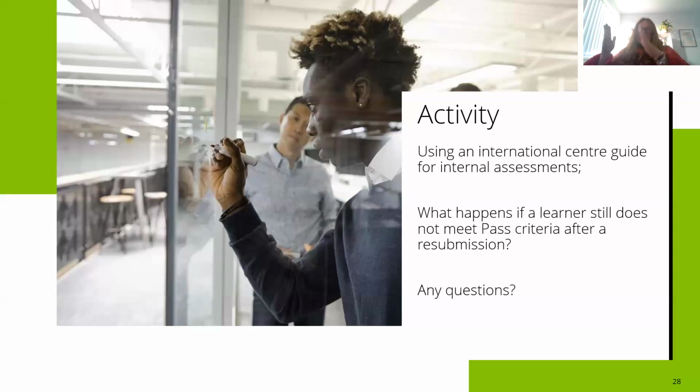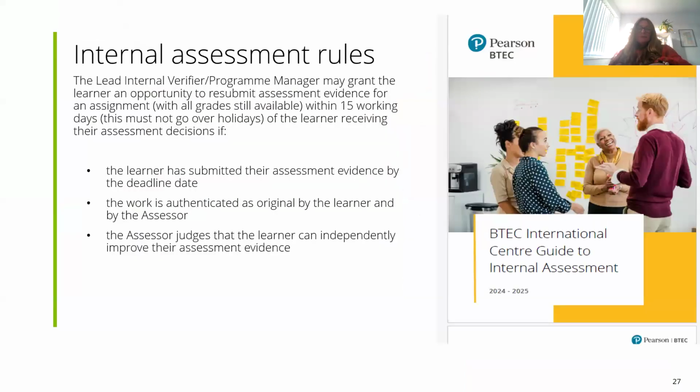So they've had first go, they've had second attempt, we're on to retake, which is capped to pass, which is a different assignment. But again, that is all clearly signposted within that guide to internal assessment.